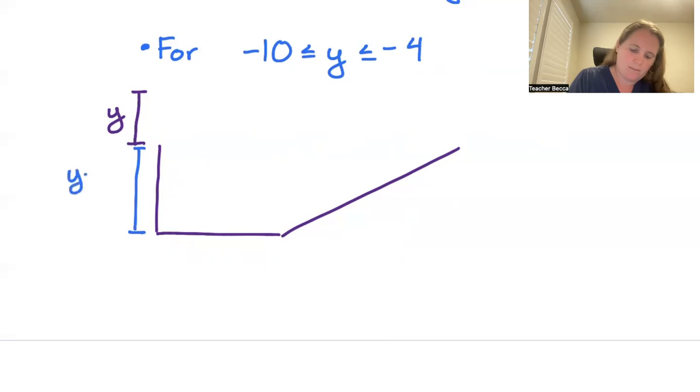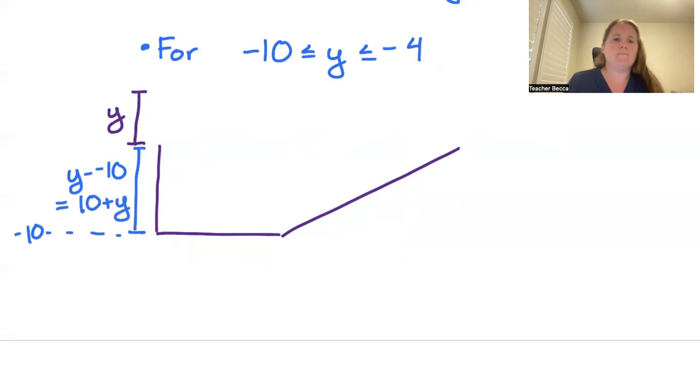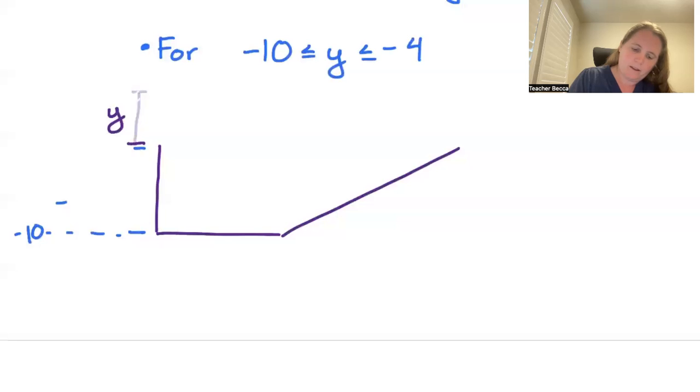That's y minus a negative 10, since negative 10 is the bottom value, otherwise known as 10 plus y or y plus 10. Actually, that y is probably going to go farther. So let's do this first. We have negative 10, and then at the top here is negative 4.